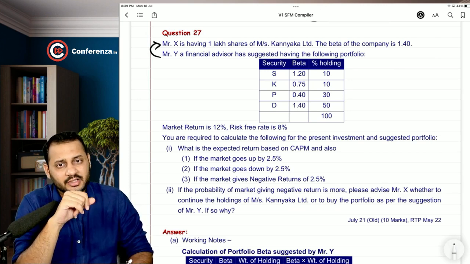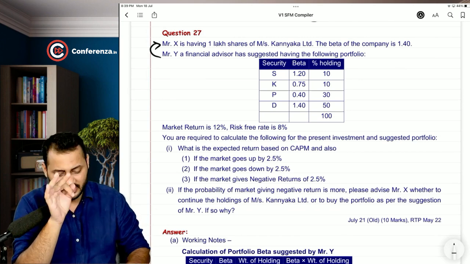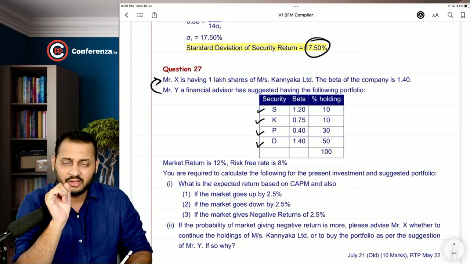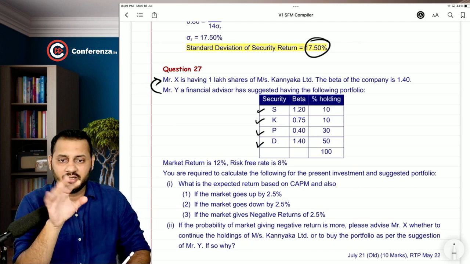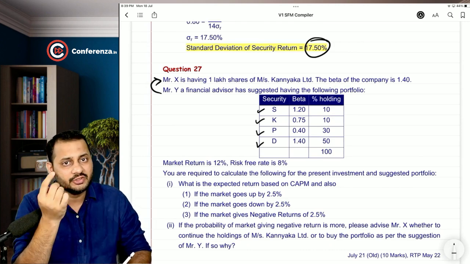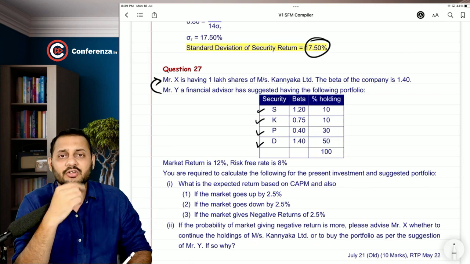Since the percentage holding has come into this question, let me tell you one thing. It's very easy to calculate the beta of an individual security. No, sir, it's not that easy. So let me tell you one thing.